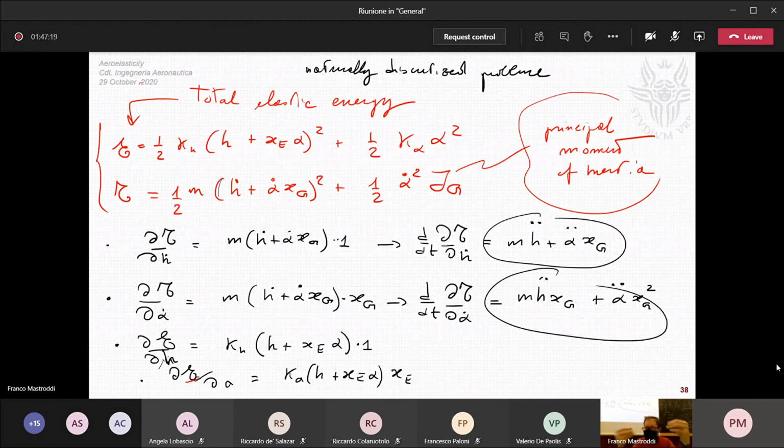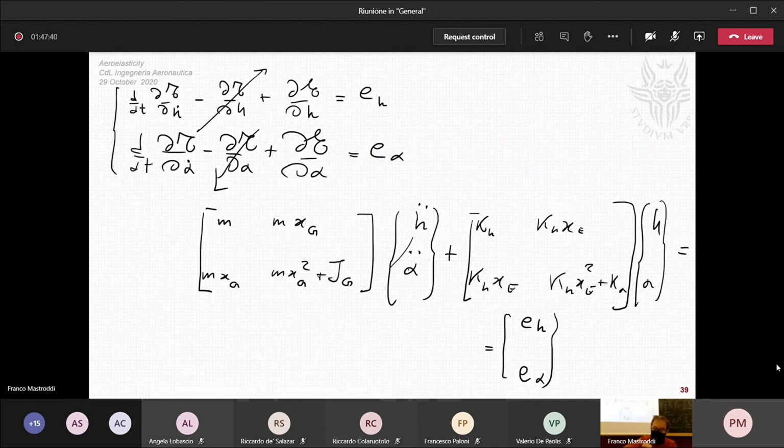We are a rigid body elastically connected to ground, and that's it. Okay? There is no discretization problem in space. The system is naturally discretized in space because it's a concentrated parameter system. Okay? But the equations are the same.